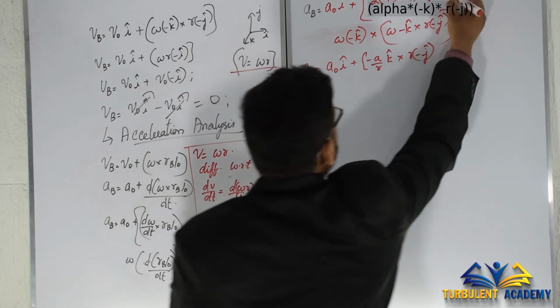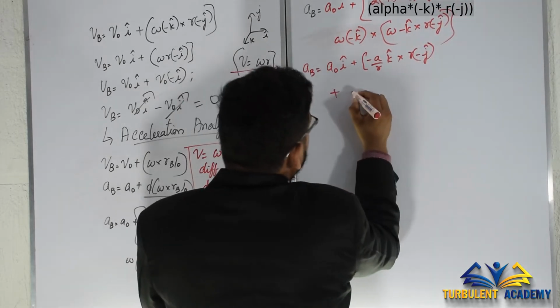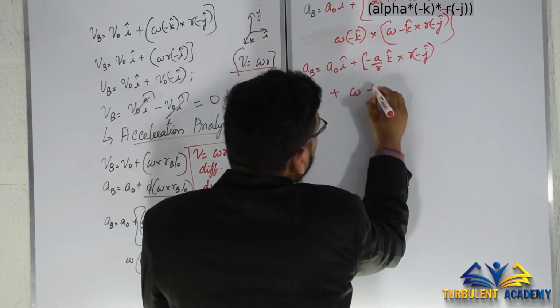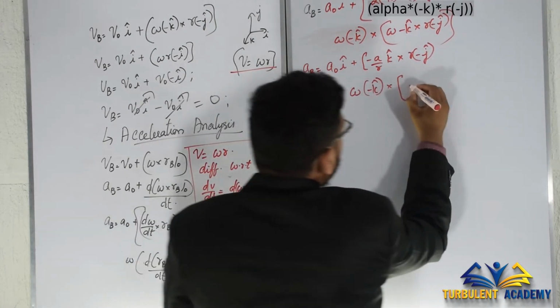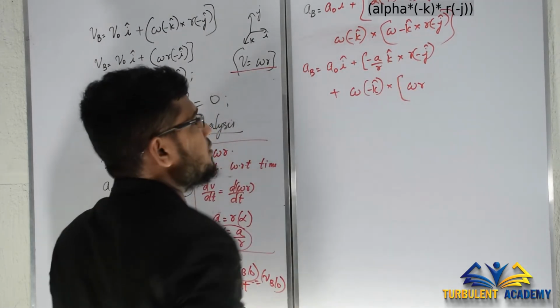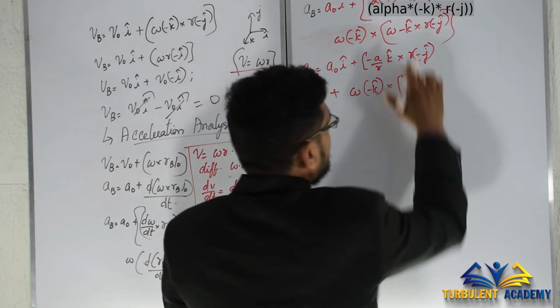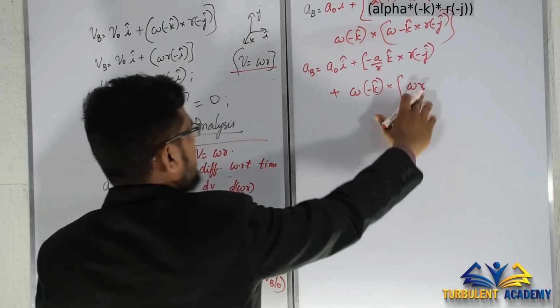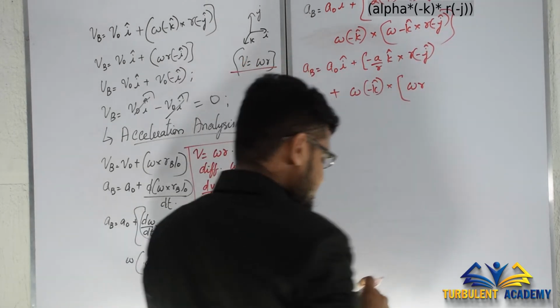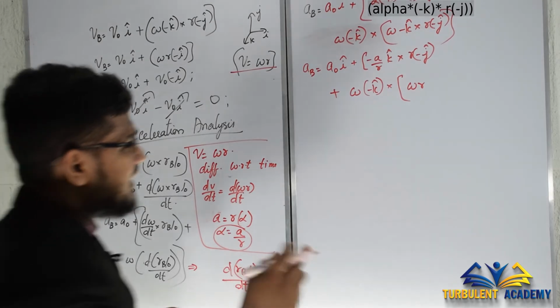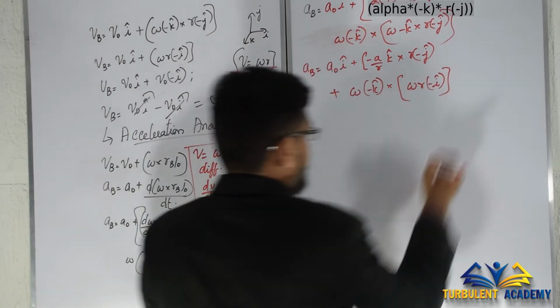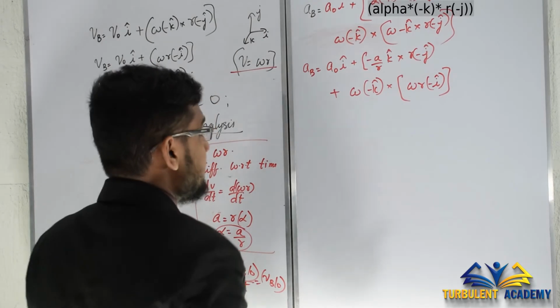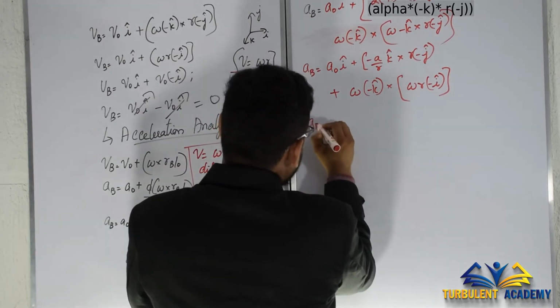So this is going to be plus, in between, plus omega into minus k cap into this is going to be omega R. So again, sorry, k into j, which is going to be minus I.